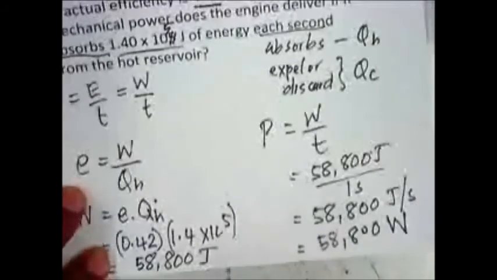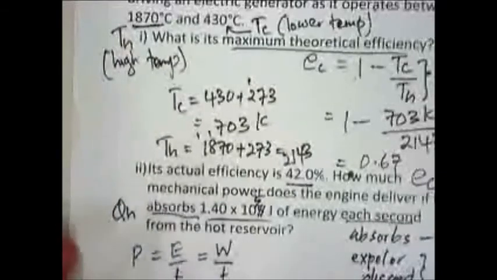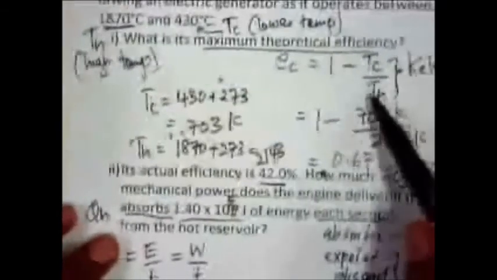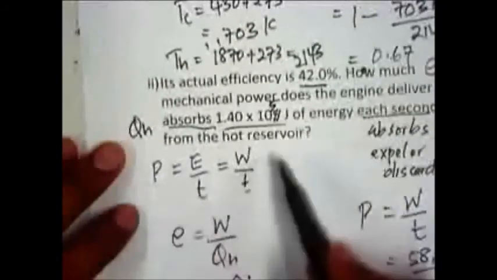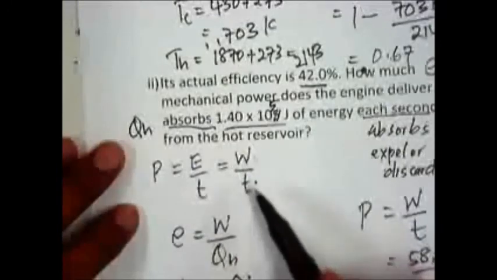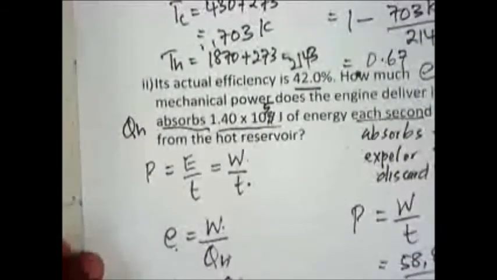Okay, so basically that's how you go about solving questions in Unit 12. Okay, if it says it's a Carnot efficiency, then you need to use this formula. Okay, and if you need to find the power, you need to understand it is work done divided by time, and efficiency is work done divided by QH.